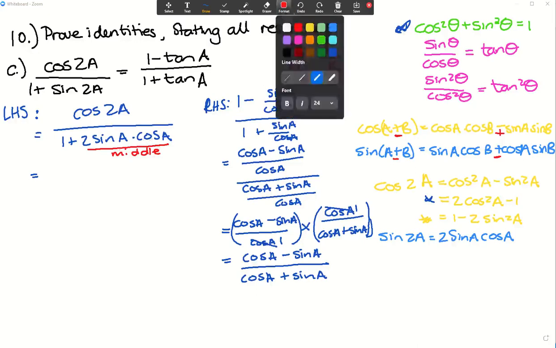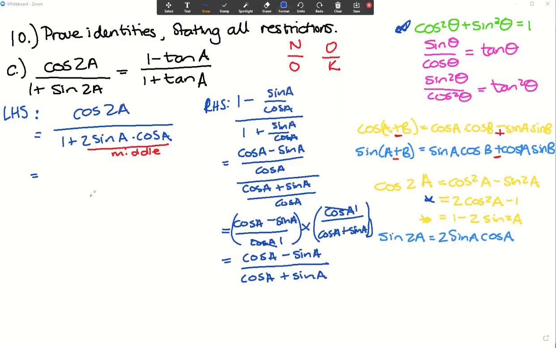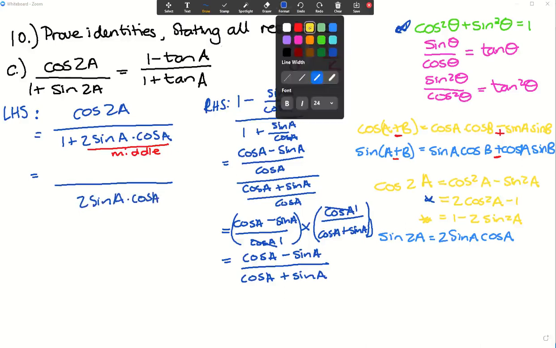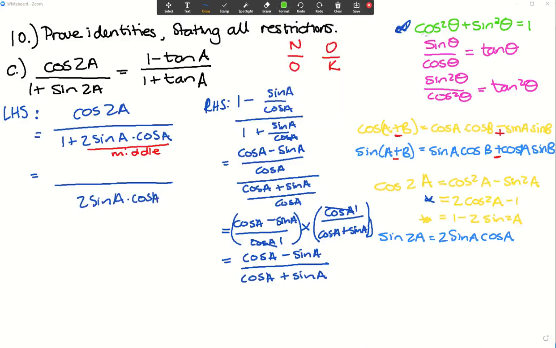So if I write that out, I'm going to have 2 sine A times cos A as my middle term. And my 1 ends up being changed to this ratio. I'm going to make it green. My 1 is equal to cos squared A added to sine squared A. Quite easy, okay?